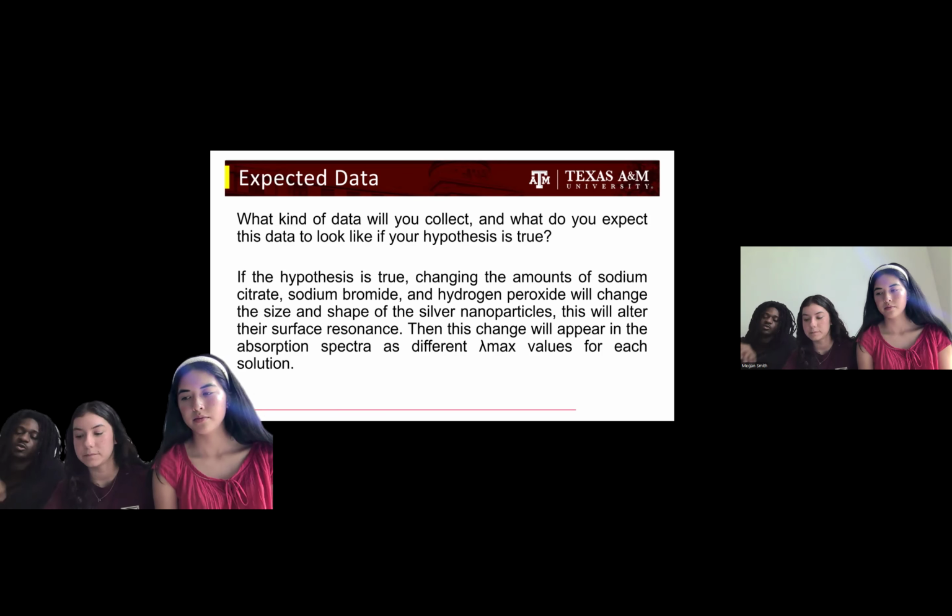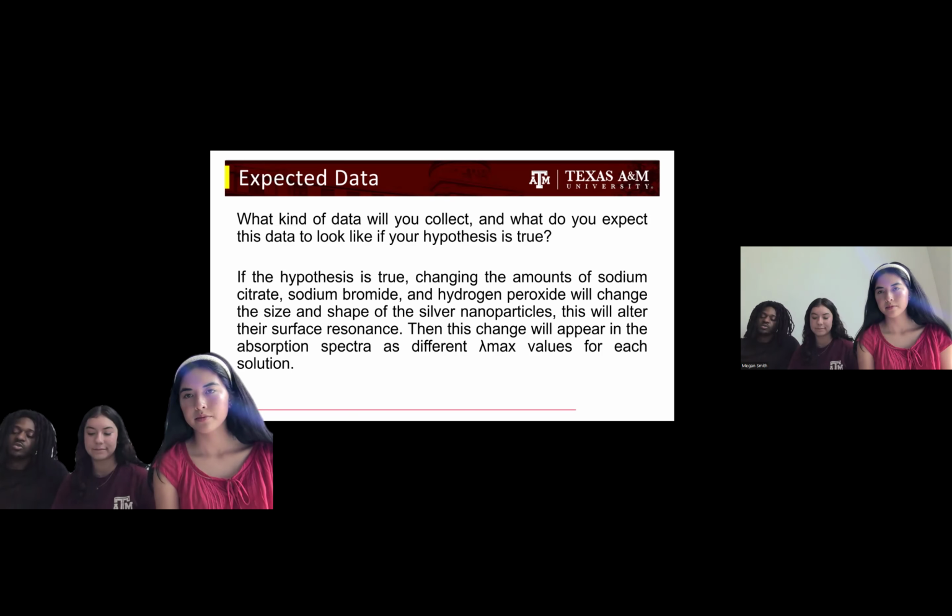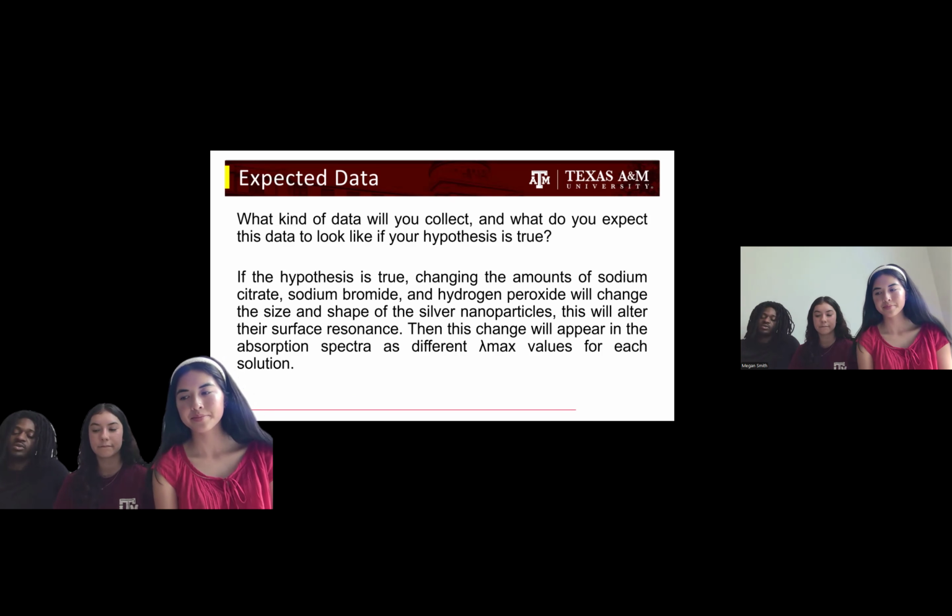If our hypothesis is correct, we could create smaller nanoparticles with bluer, lighter colors and a lambda max at shorter wavelengths, or larger or differently shaped nanoparticles with darker, more reddish colors and a higher lambda max shifted to longer wavelengths. Distinct reagent combinations should produce lambda max values separated by at least 15 nanometers as required by the lab, and each trial should produce a unique absorbance peak that reflects how the reagent quantities influence nanoparticle growth.